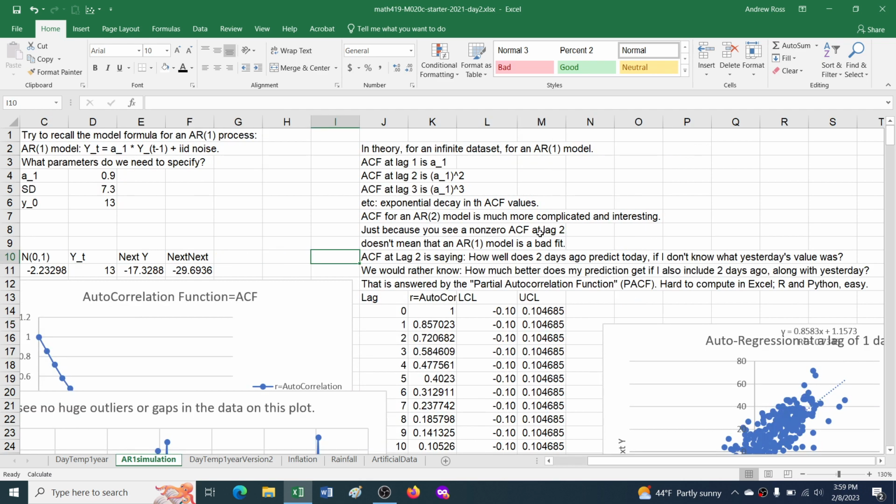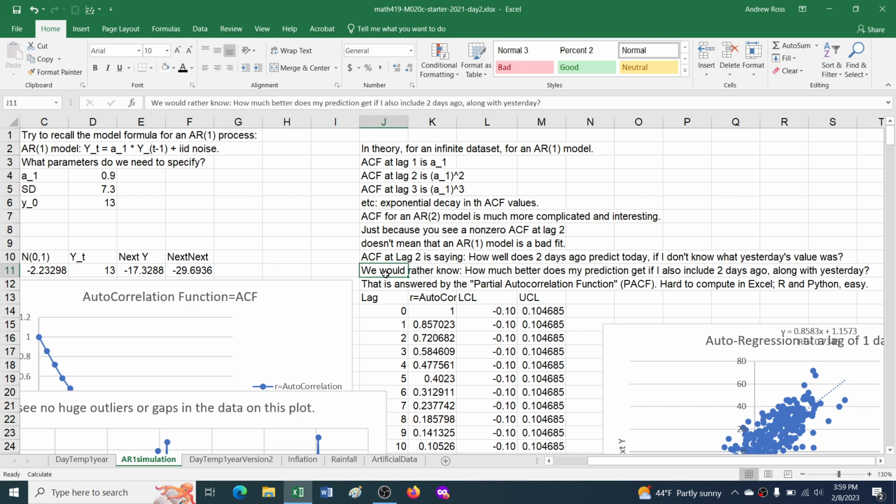So it's good to remember here that the ACF at lag 2 is saying how correlated is today's data with 2 days ago, but it's ignoring the fact that we might have known what the intermediate value was. So it's saying how well does 2 days ago predict today, ignoring the day in the middle. But what we'd rather know usually is how much better does my prediction get if I'm already using yesterday?